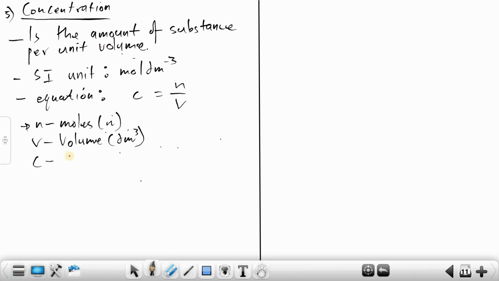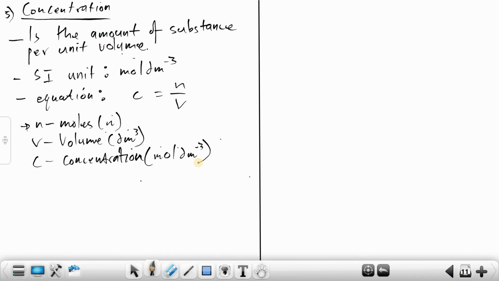And obviously C, it's now our concentration, and this concentration must be in mole per decimeter cubed.